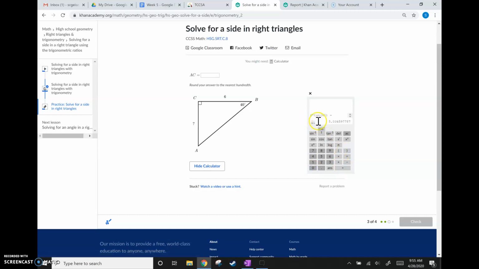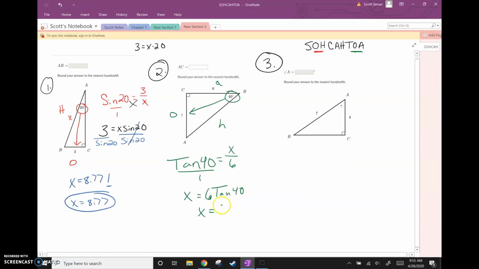There we go. So you have to actually put that multiplication sign in there too. So 5.03. The 4 keeps the 3 the same, so it would be 5.03 for my answer. Okay, and it's still the hundredth.